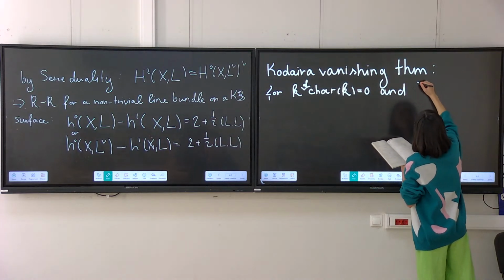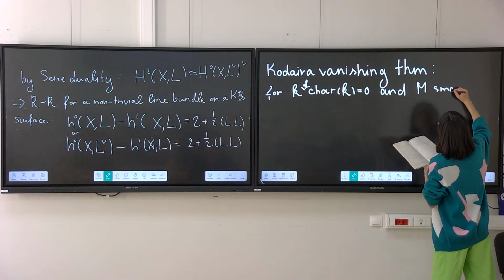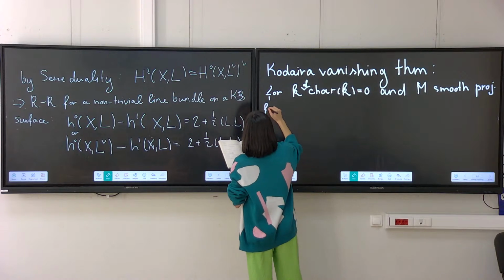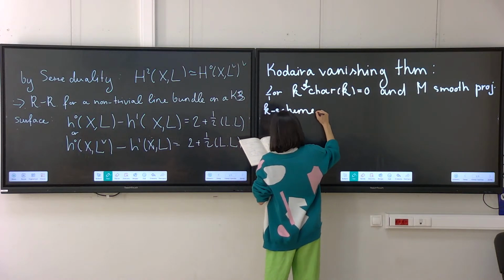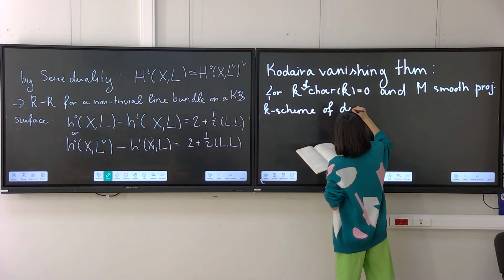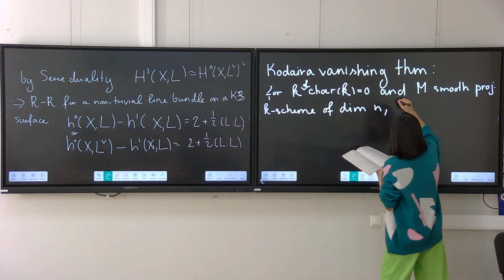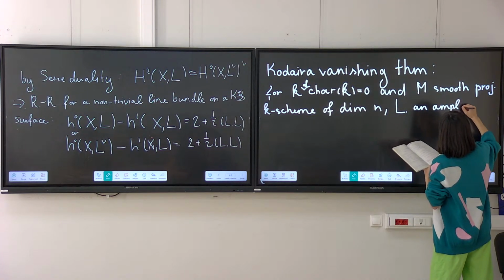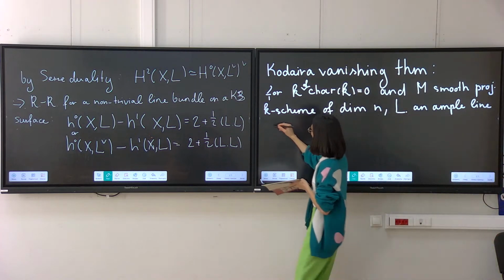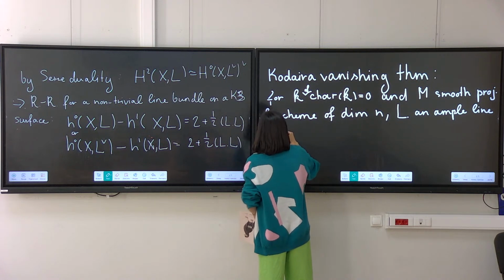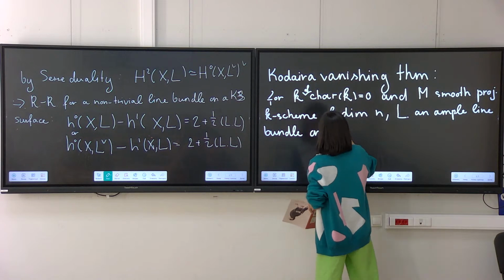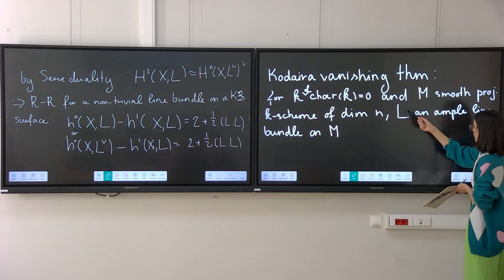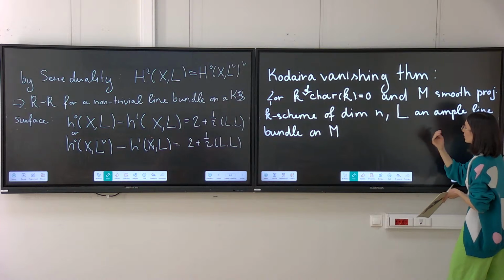So we suppose that M is a smooth projective K-scheme of dimension n, and L is an ample line bundle on M. This means that some tensor power of this line bundle gives you an embedding in projective space.